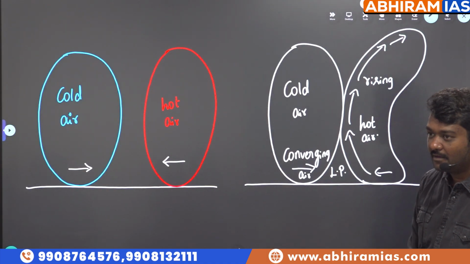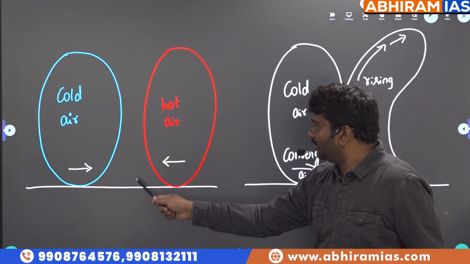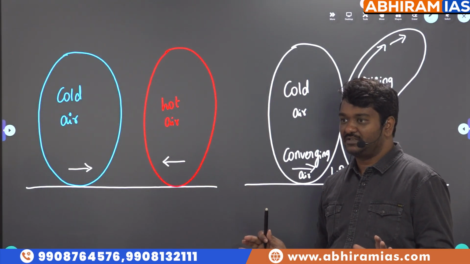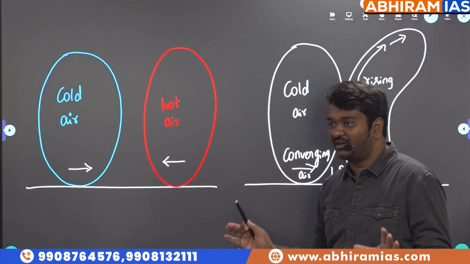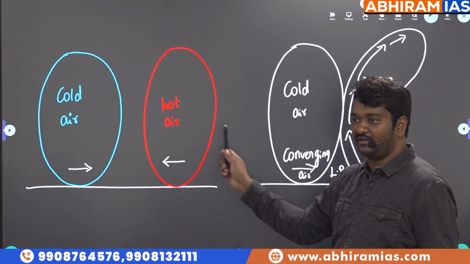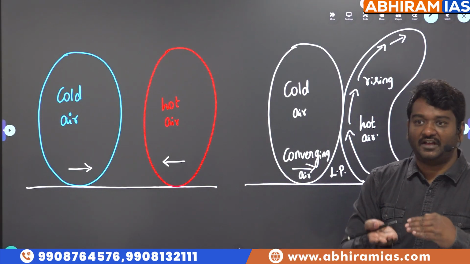Tell me. See, I'm not talking about cold and hot as earth surface temperature. I'm talking about cold and hot as air. Air temperature we are considering here. So what is it? It is converging and rising.